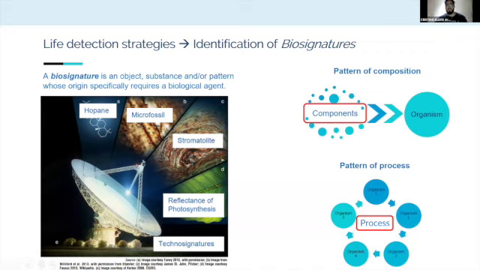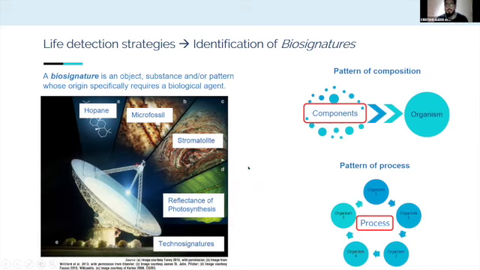The reflectance of photosynthesis, for example, in cyanobacteria, a plant, a tree, a diatom, which express chlorophyll, and the reflectance of chlorophyll is a direct signature of this metabolism. Even technosignatures speak about intelligent civilization.